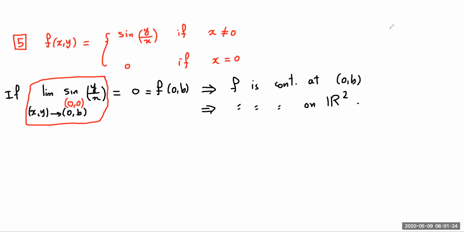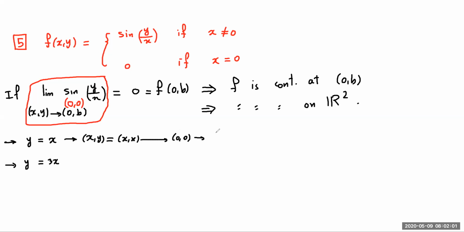To prove this, let's take two lines passing through the point 0, 0. The first line, y equals x. The second line, y equals 3x. For the first one, when the point x, y moves on this line, this point will be x, x, and this point approaches 0, 0.